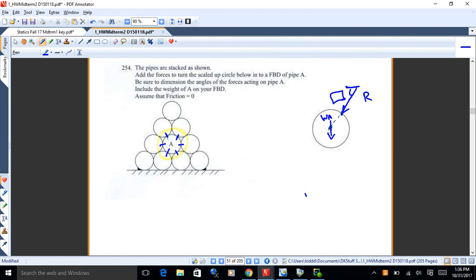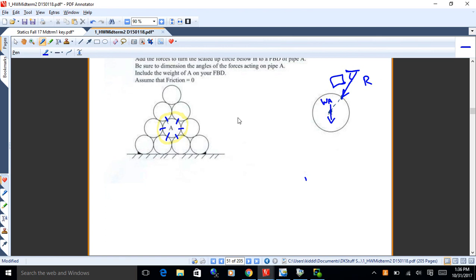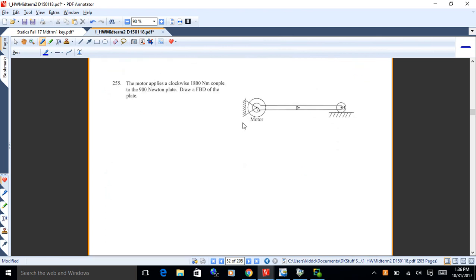So on those curved surfaces, use a tangent line and consider that to be the flat surface. You all good with what I'm saying there? Good with that?